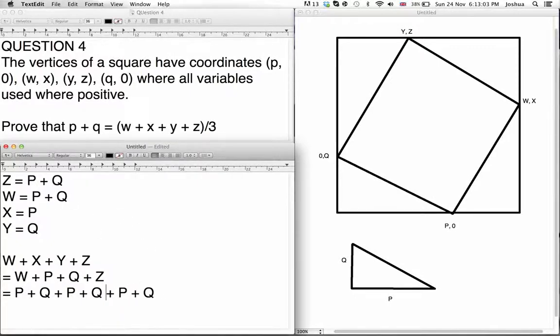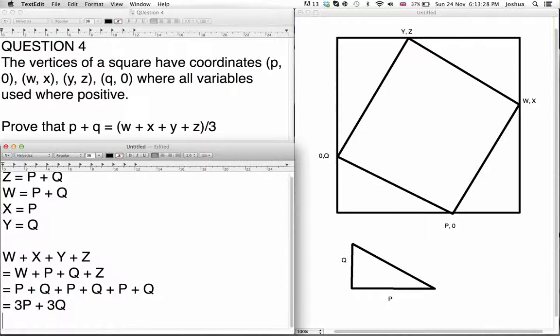There we go. So then we realize that this can factorize to P plus Q plus P plus Q plus P plus Q, which gives 3P plus 3Q, and that factorizes even further to equal 3 times P plus Q. That's simple.